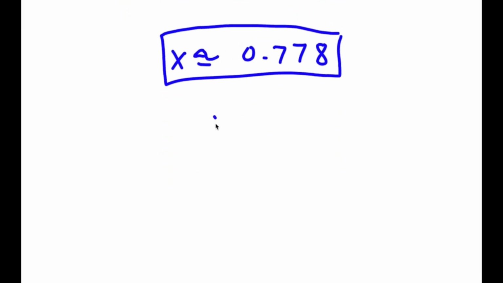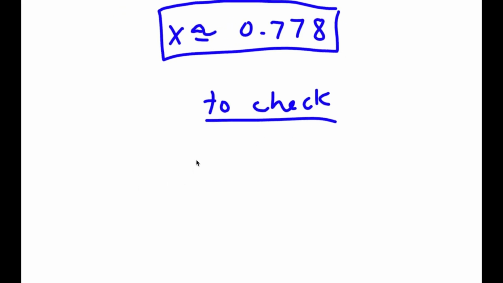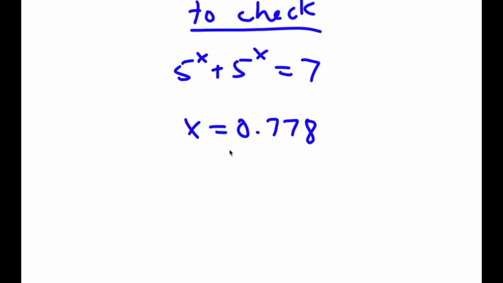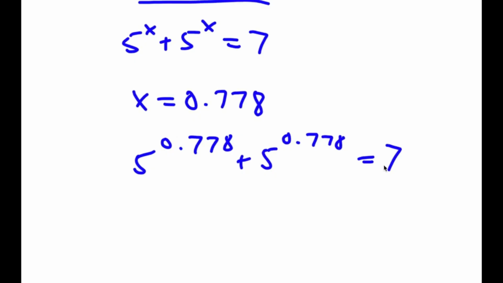Now, to check, our original equation was 5 to the power of x plus 5 to the power of x is equal to 7. Now we have x is equal to 0.778. So if I substitute 0.778 for x, I get 5 to the power of 0.778 plus 5 to the power of 0.778 is equal to 7.